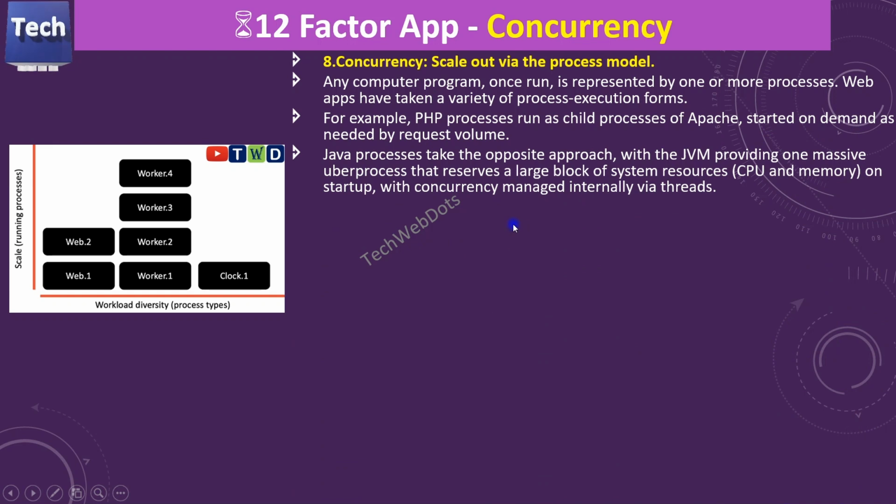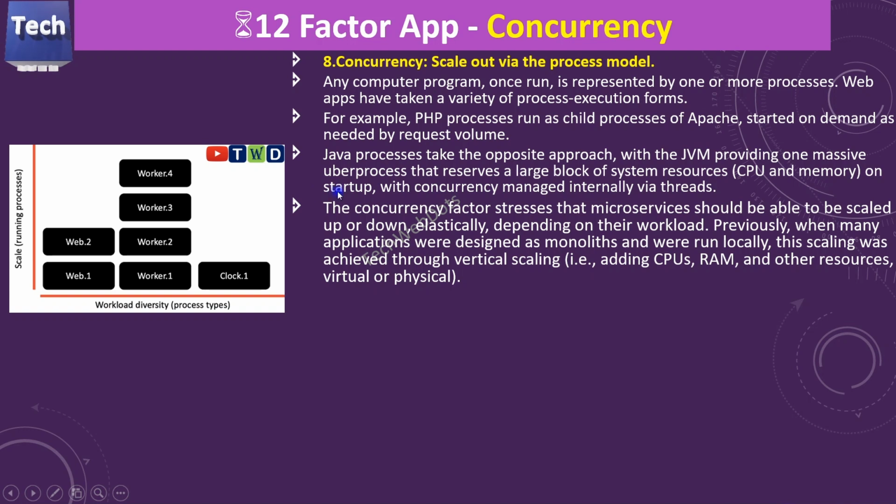Let's take a Java example. Java takes the opposite approach, with the JVM providing one massive Uber process that reserves a large block of system resources, CPU and memory, on startup, with concurrency managed internally via threads. So this is a different way of managing concurrency.